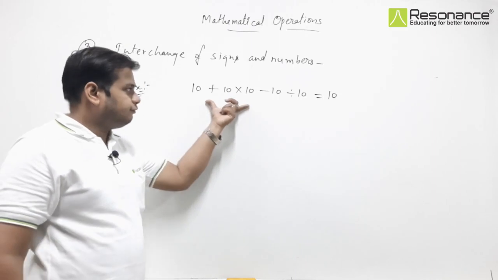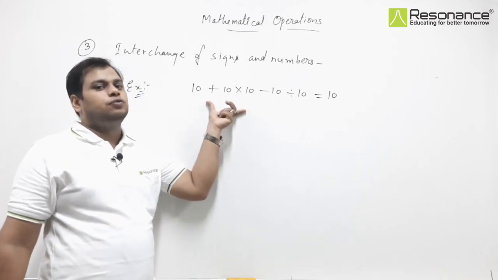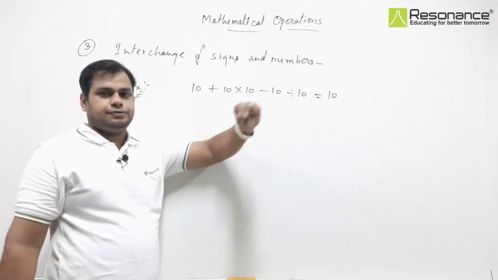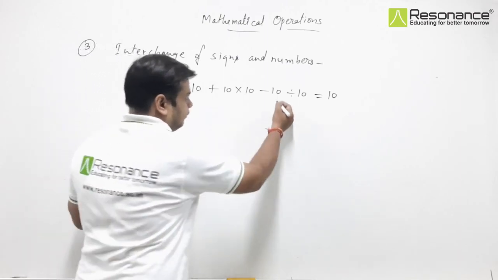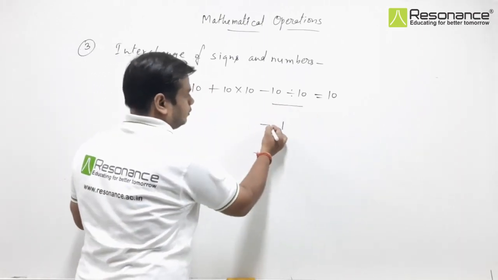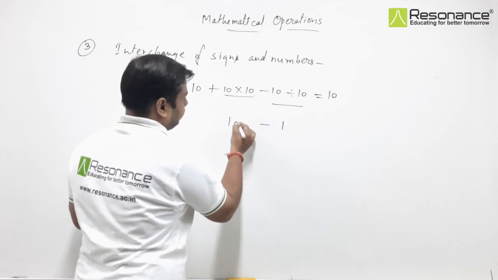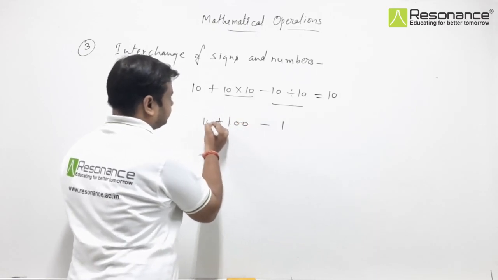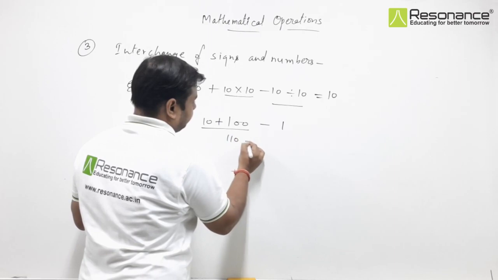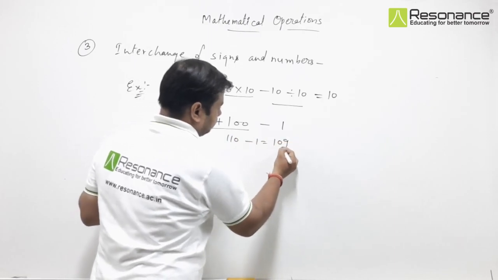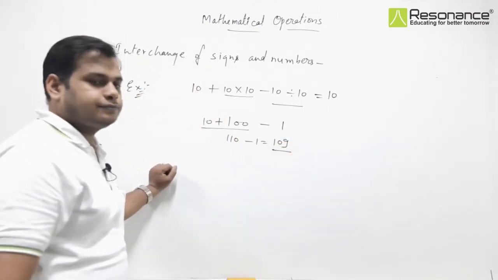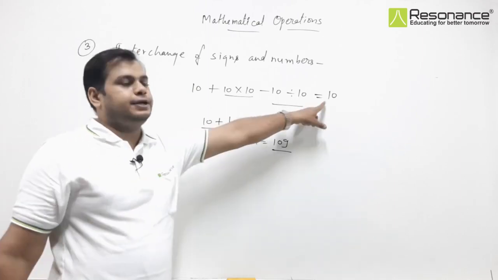But if we solve this equation, we don't get the solution 10. 10 divided by 10 will give us 1, 10 multiplied by 10 will give us 100, plus 10 gives 110, minus 1 gives 109. But we have 10 here.